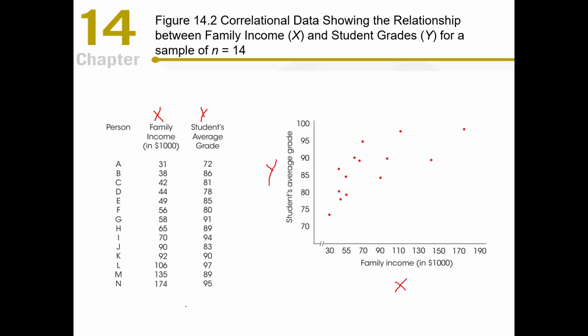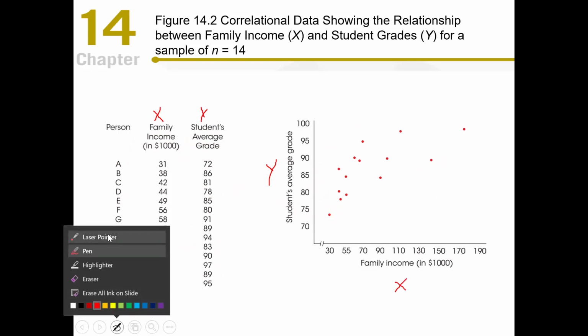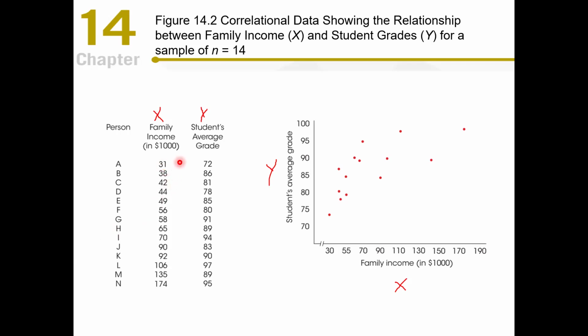All right. So for each variable, you see an individual data point. For student or person A, their family income is $31,000, right? So $31,000 is around this area right here. And their average grade is 72. So this singular point is where those two variables meet, right?